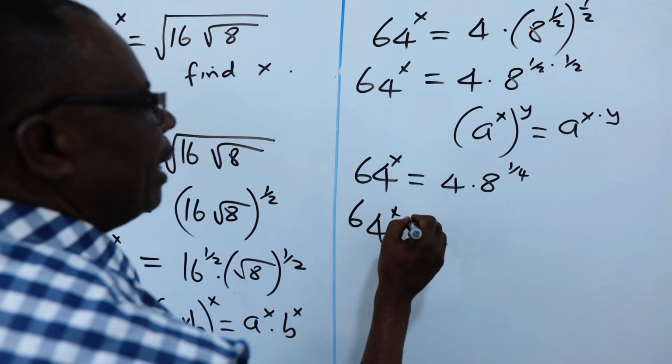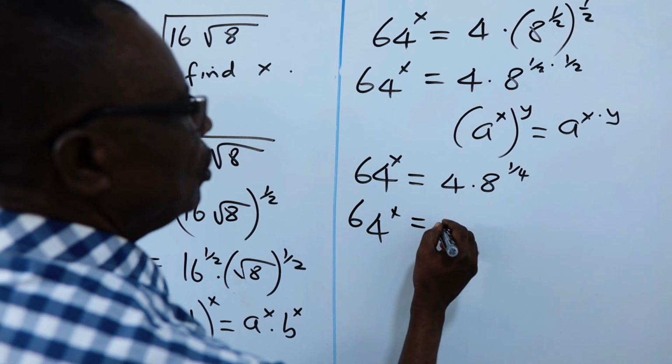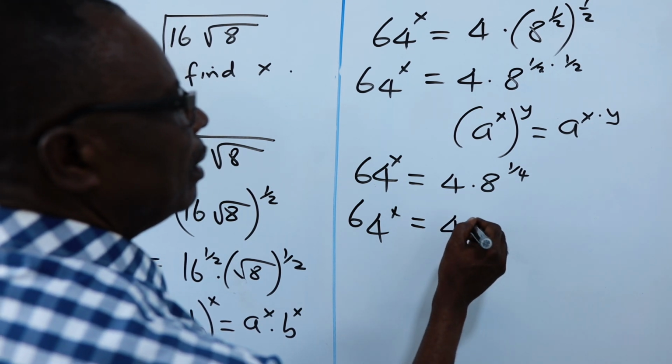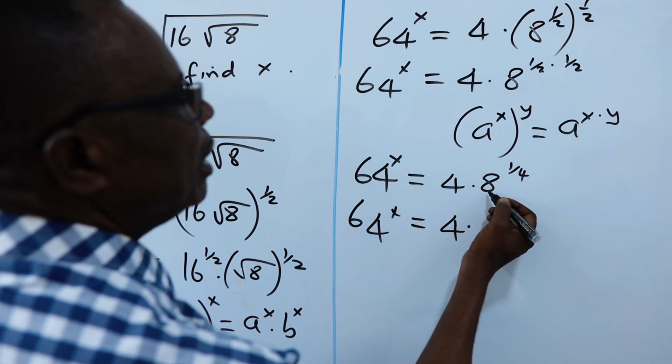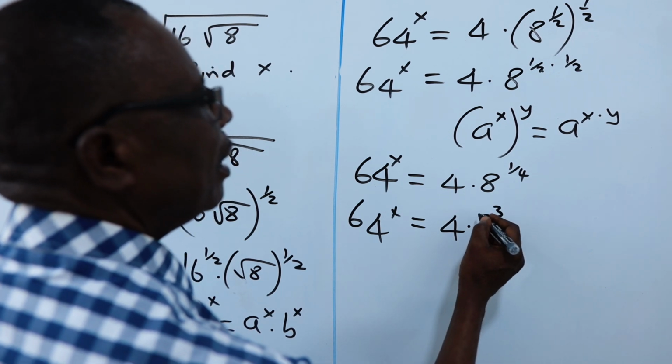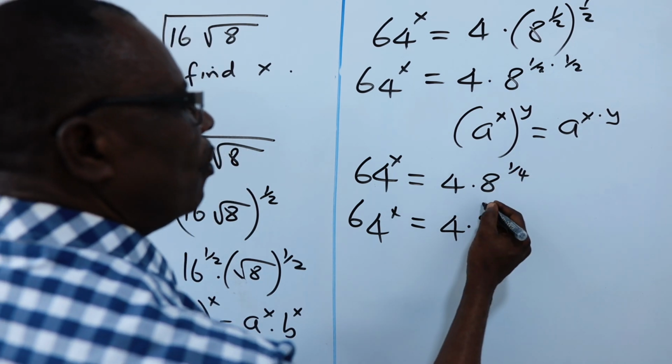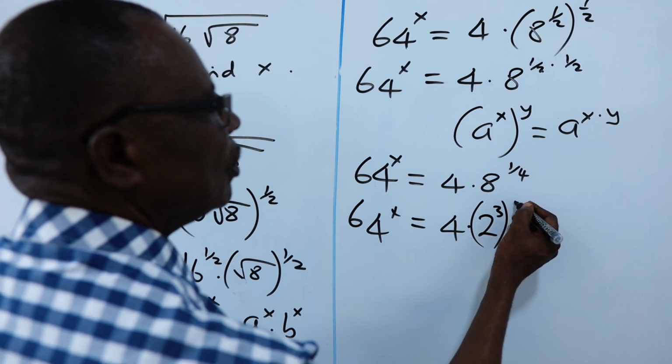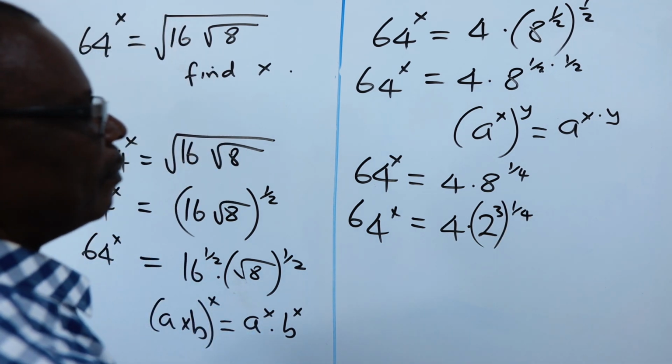64 raised to power x is equal to 4 times, this 8 can be written as 2 power 3. Because it is raised to power 1/4, we raise this to power 1/4.